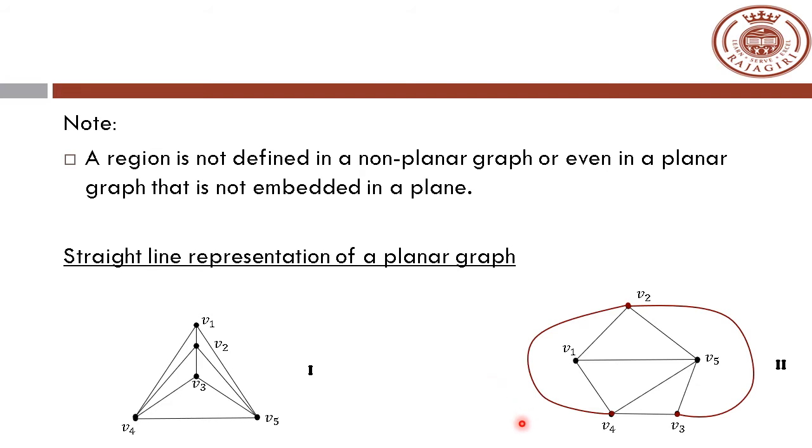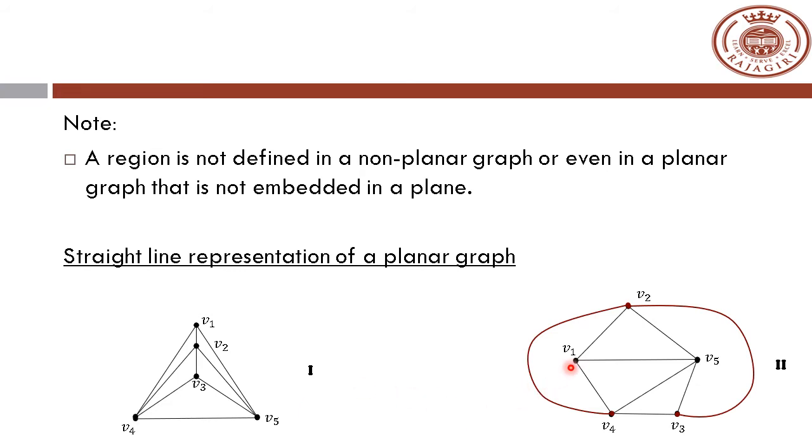In figure 2, you are given a planar graph in which no two edges are intersecting. Therefore, the given graph 2 is planar. The graph 2 can be represented as shown in figure 1, in which all the edges are drawn as straight line segments.